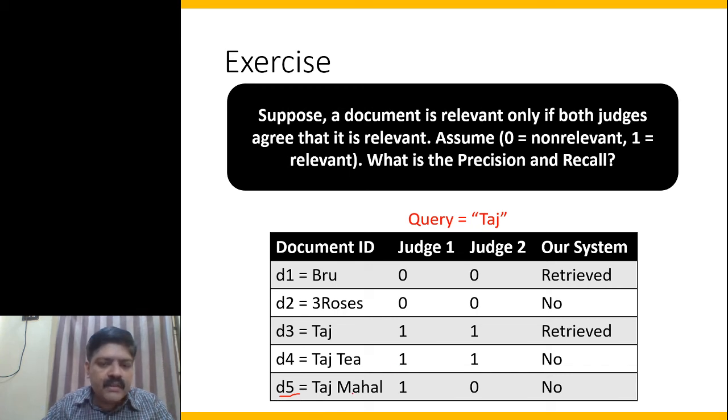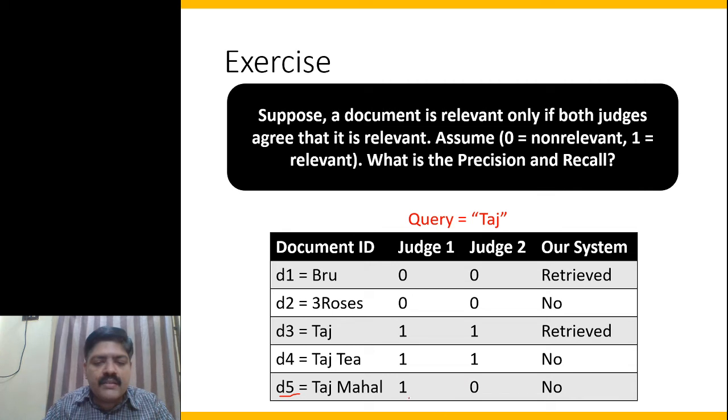Perhaps Judge 2 saw that this query is coming in the context of multiple queries where the earlier query was about tea or coffee. Or it comes from a place which is known for tea, like let's say Assam. So for some reason he thought it's 0.